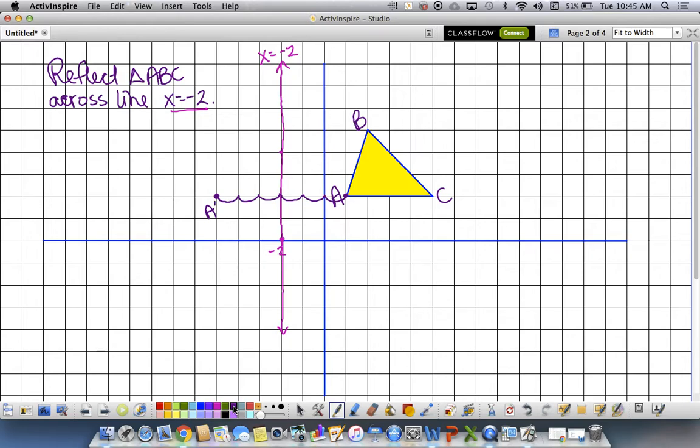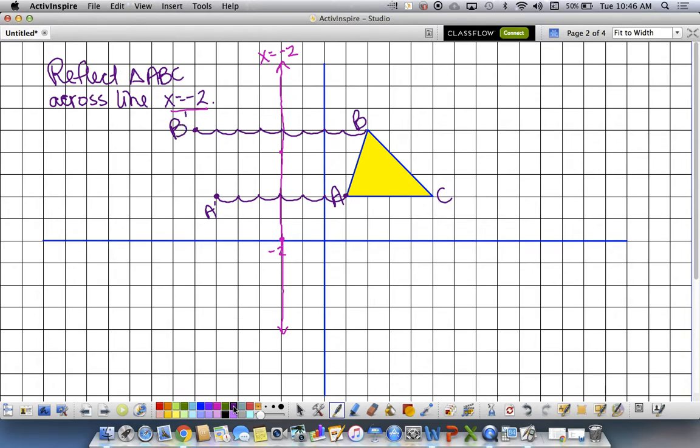Okay. What about B? 1, 2, 3, 4 units away. So B prime would be 4 units. I can't count and talk at the same time. I'm sorry. B prime would be 4 units away from the line x equals -2 on the other side.